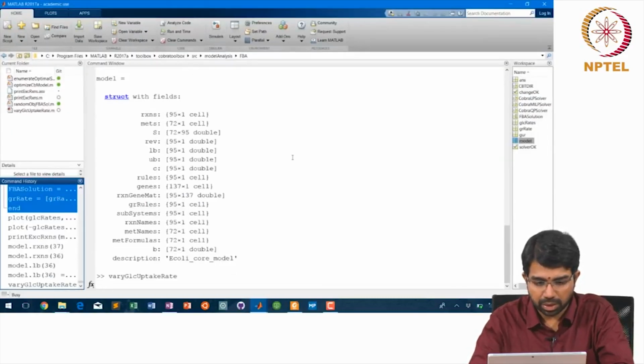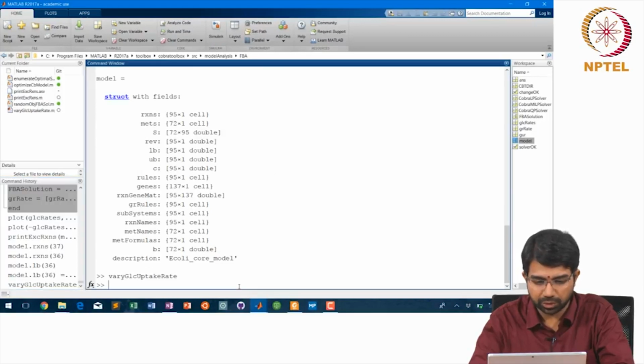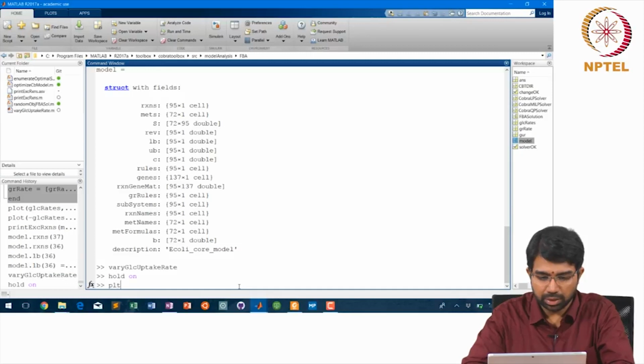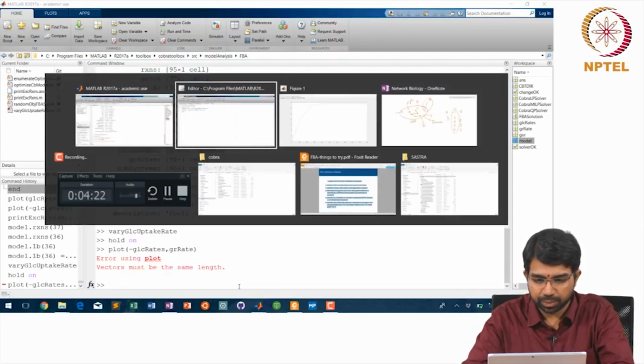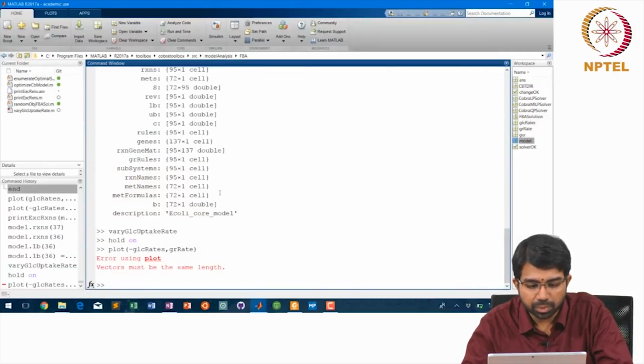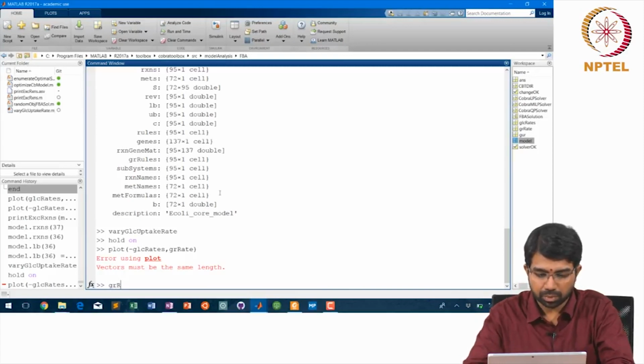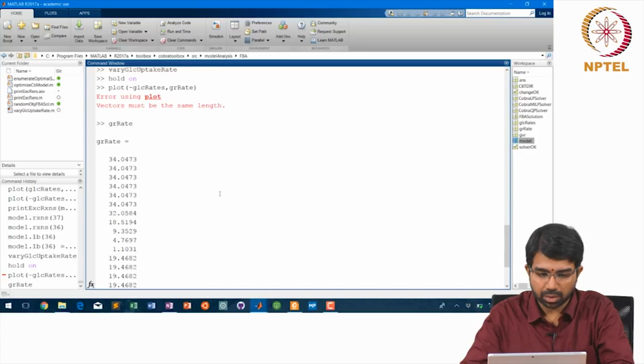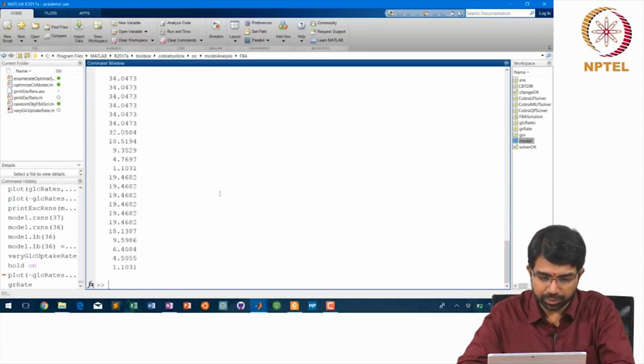So I have a new set of growth rates, I will just say hold on and plot it again. I did not reset the value.